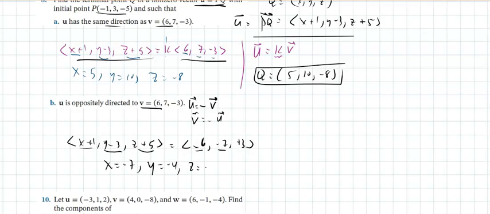So here we will say the point Q in this case must be negative 7, negative 4, and 2.